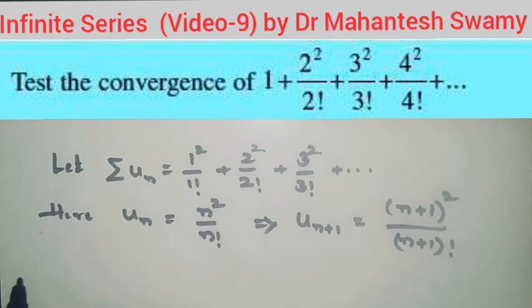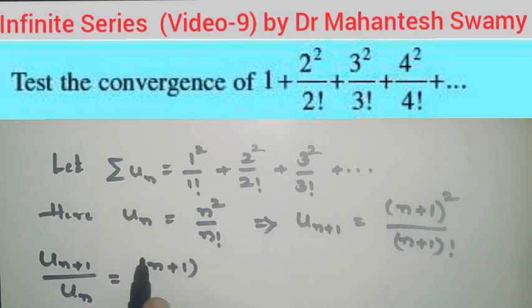Now after that, consider u_{n+1} divided by u_n. So first we should write this directly as it is. We are writing u_{n+1} in the numerator, that is we are directly writing it as it is. u_n is to be written in the denominator. Instead of writing that in the denominator, we can write the reciprocal directly in the numerator.